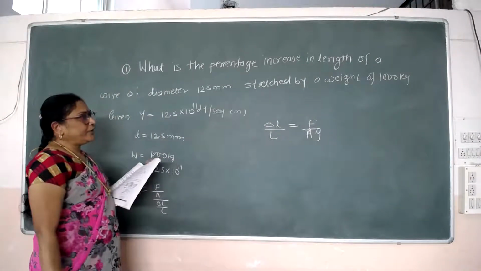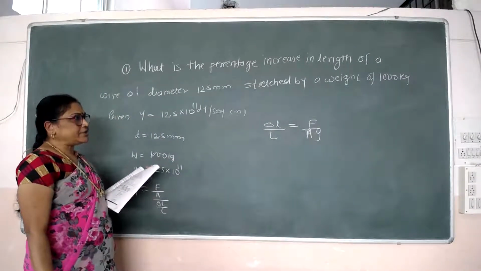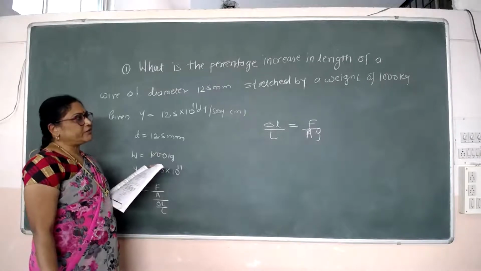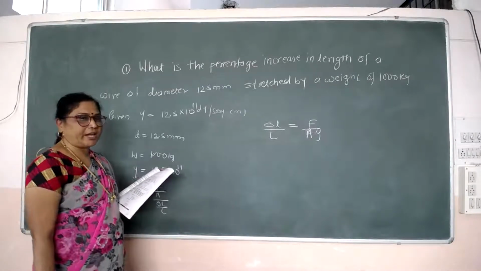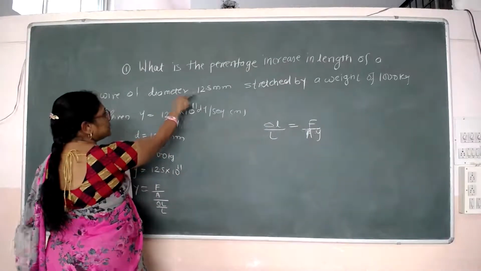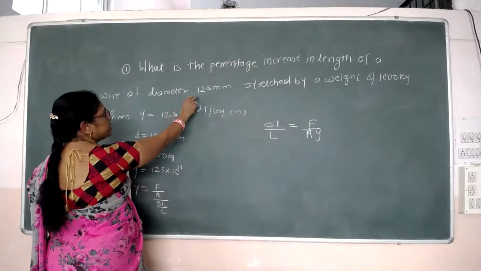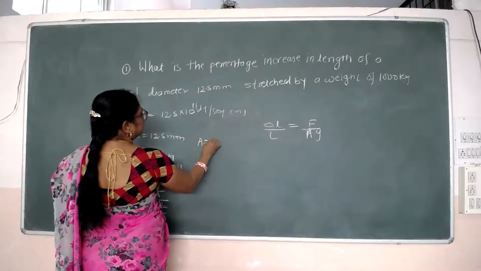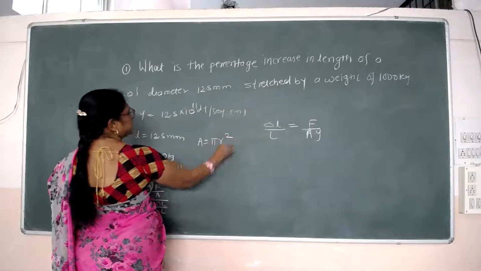So to find this, F is given, Y is given, but the area is not given directly, so first we find the value of A. We know the area of a wire is equal to pi r square.